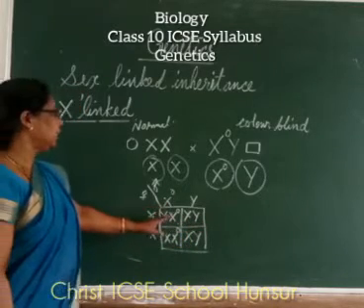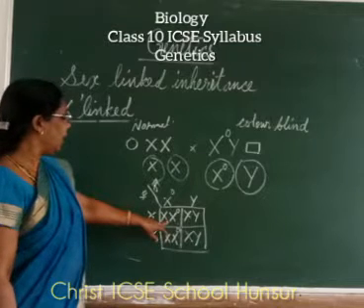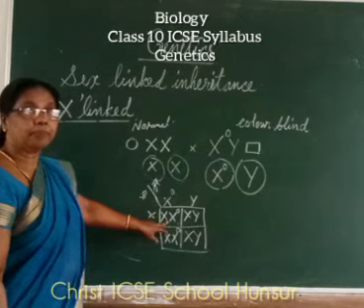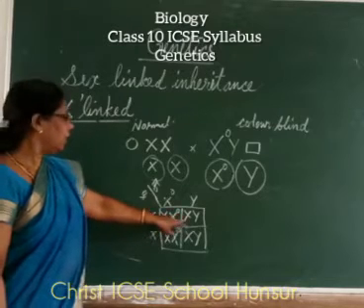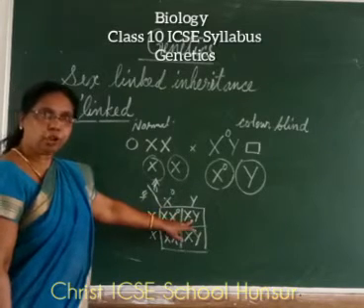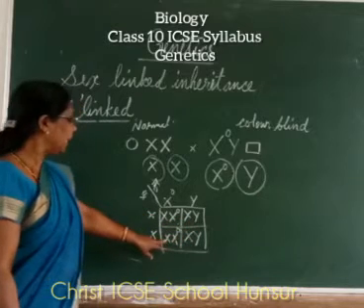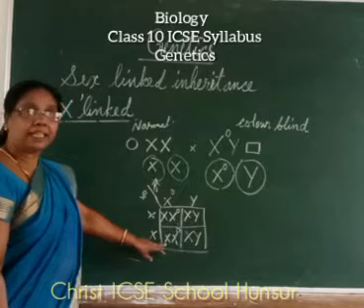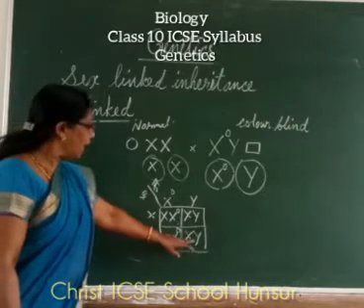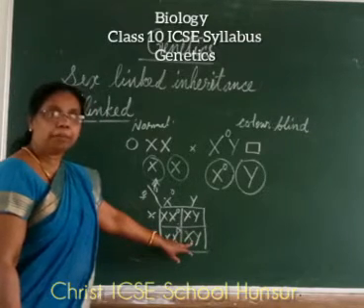Now here this XX is a female, she is a carrier, and here the male is a normal boy child. And here again there is another possibility, this child will be a carrier, this is a female carrier, whereas this male is normal.